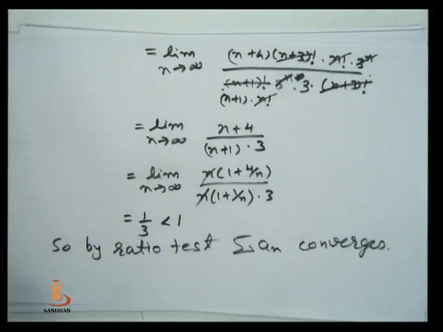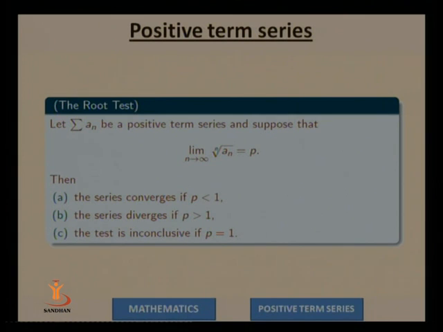Now let us take the next result, which is the root test. The root test says that if we have a positive term series summation a_n and if we calculate the limit as n tends to infinity of the nth root of a_n, then if the limit is less than 1, the series will converge.